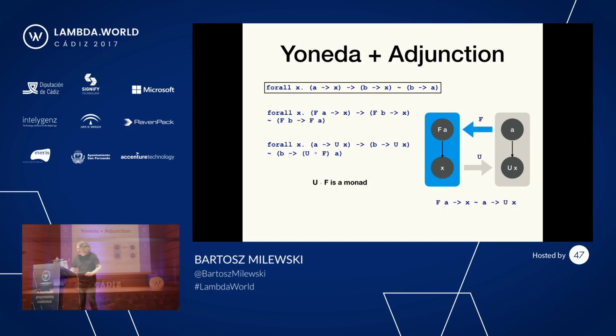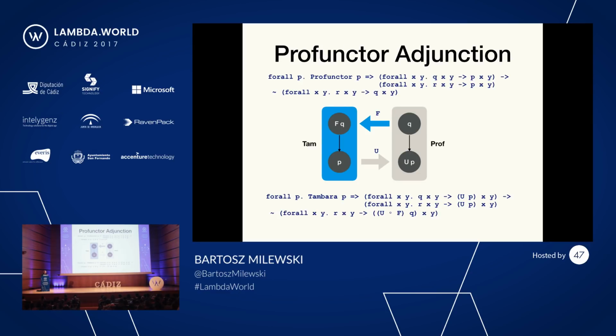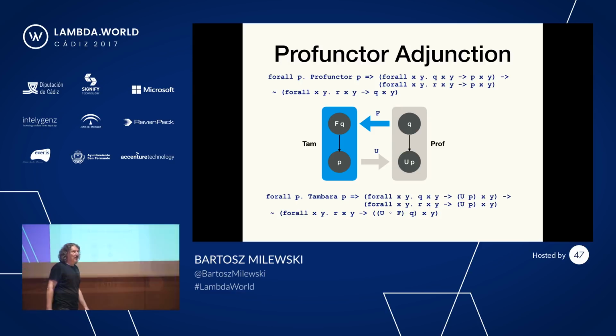So this is Yoneda with adjunctions, and I just want to do the same thing, but in the profunctor category, okay? So now, a functor in a profunctor category takes a profunctor and maps it to another profunctor, right? It takes a natural transformation and maps it to a natural transformation, okay?